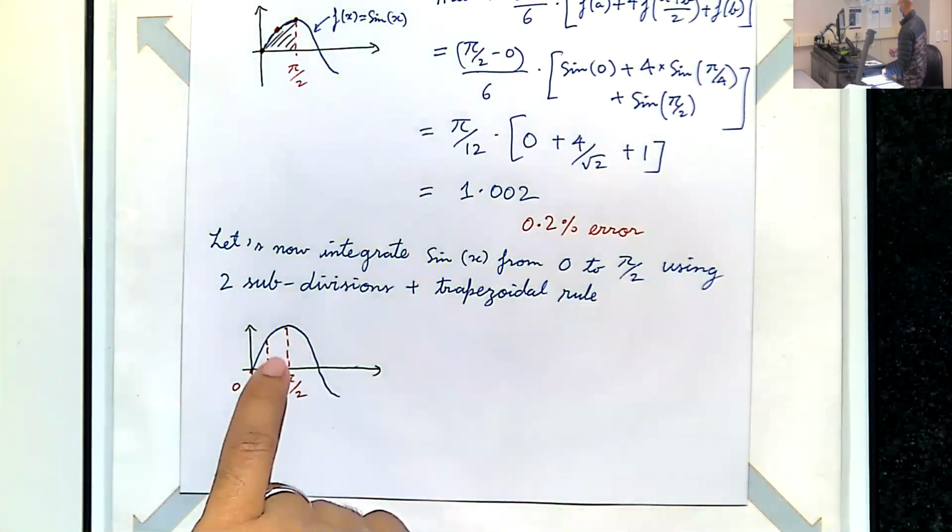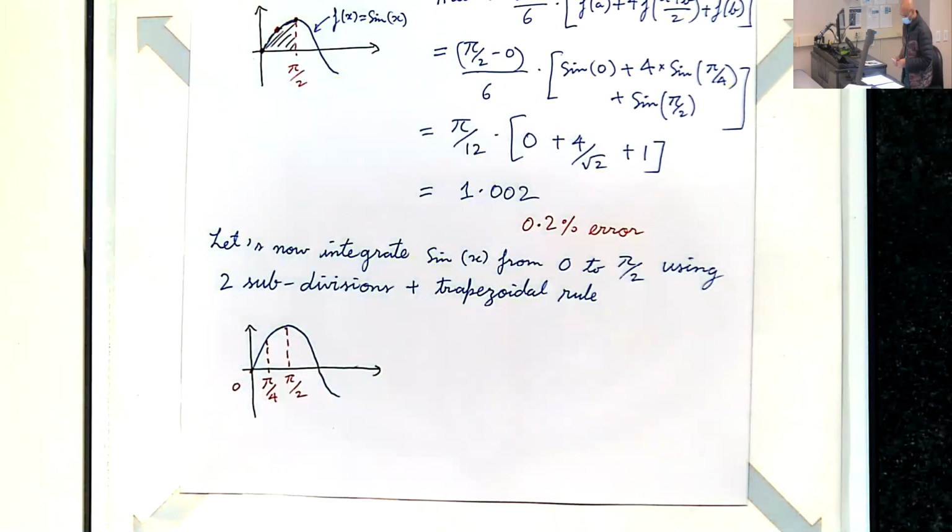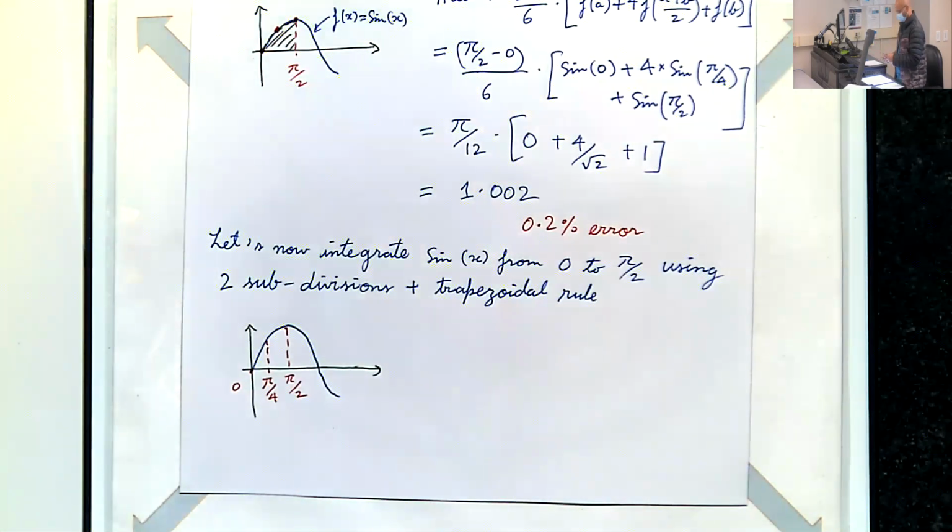What would you do next after this? We're using the trapezoidal rule, yes. Not square, the first trapezoid and the second trapezoid, right?